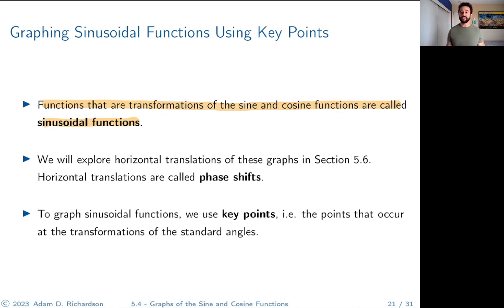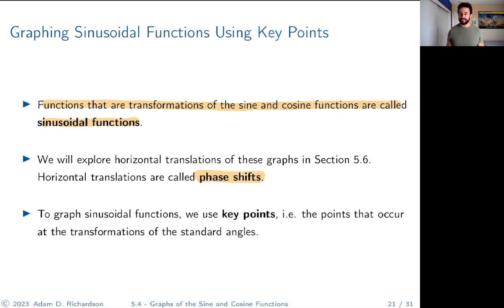We're going to explore horizontal translations in 5.6 because those can get a little bit tricky, particularly because omega affects that. So we'll talk about that one later. For now, we're just going to do period changes, changing the amplitude, and vertical shifts. Horizontal translations are actually called phase shifts, but we'll talk about that later.